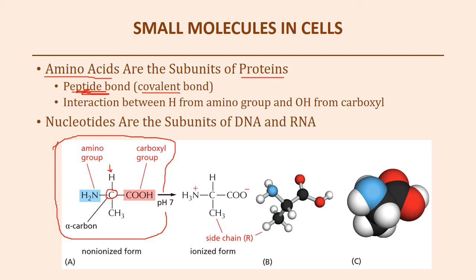On the other side, it will have an amino group. And that amino group, as you can see, is going to be composed of a nitrogen and 2 hydrogens. Opposite of the amino group will be a carboxyl group. The carboxyl group consists of a carbon, an oxygen, and a hydroxide molecule. Now, the amino group and the carboxyl group will always be opposites from each other.